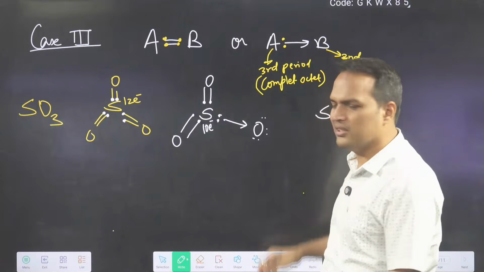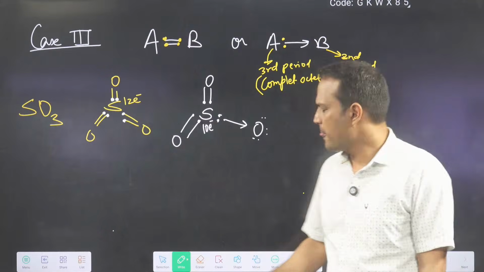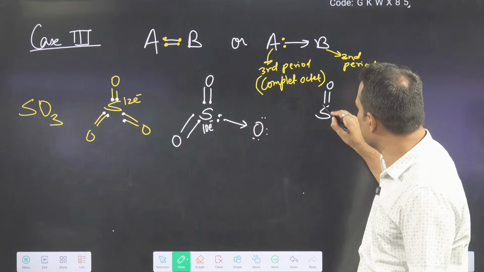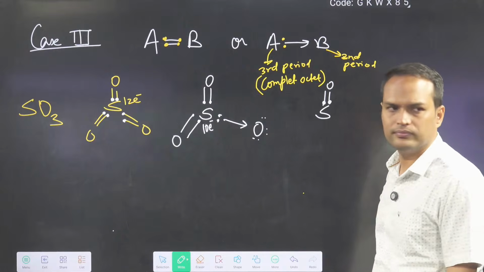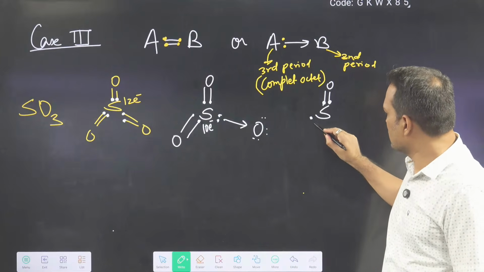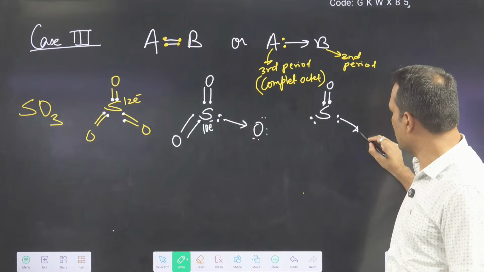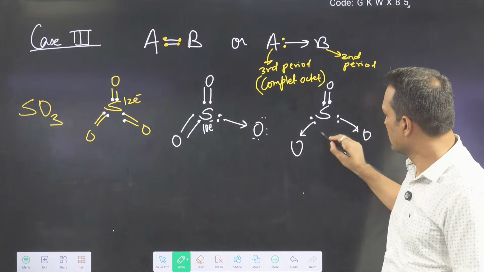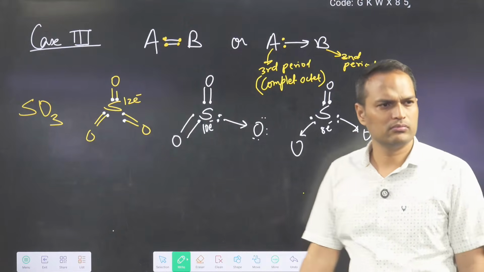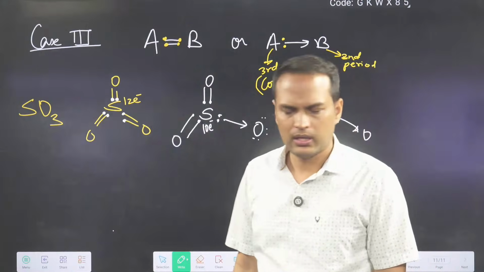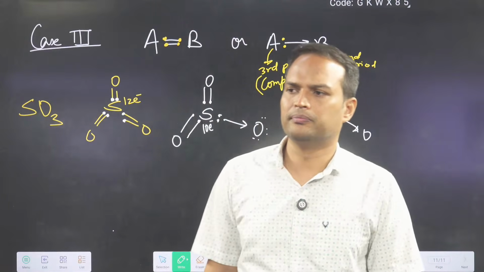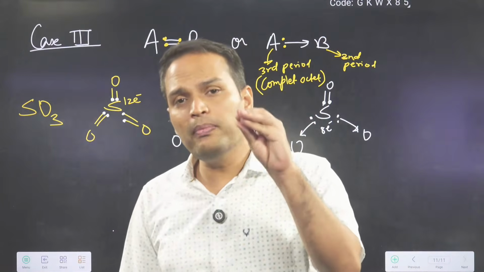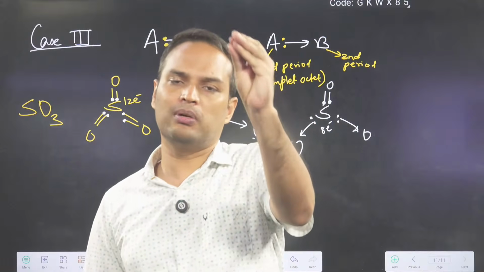Then sulfur will think, let's do more charity. This time it is just making these two bonds by sharing electrons, and the rest two lone pairs it shares by coordinate bond. So 8 electrons. Now also it is not feeling any problem. So they will ask you the question: how many coordinate bonds are possible in SO3?